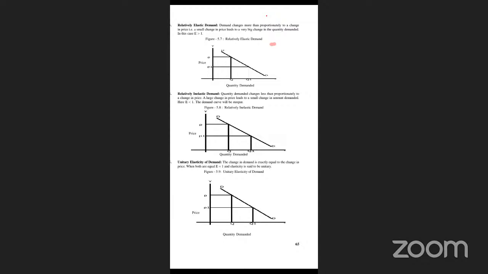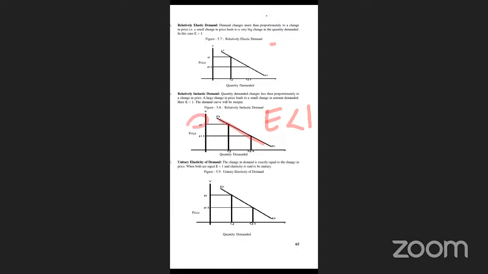Like, a large change in price is leading to a small change in the amount demanded. Now here, remember, E is less than 1. And the demand curve here is steeper.